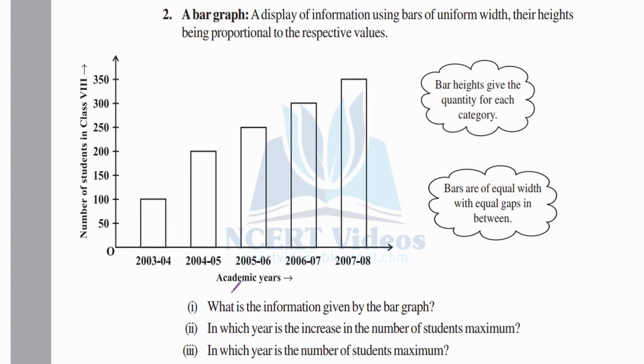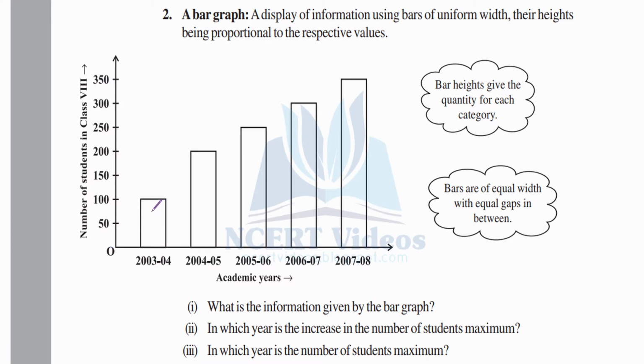On the x-axis, we are provided academic years. That is from 2003 to 4, from 4 to 5. For simplicity, let's just write it as 2003, 2004, 2005, and so on till 2007. These are the academic years, and based upon that, we are provided the number of students of class 8th.